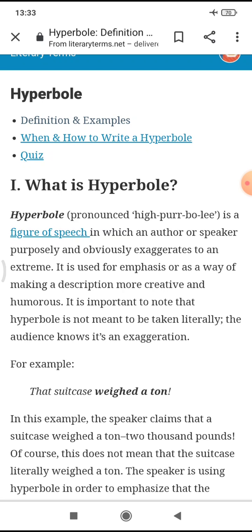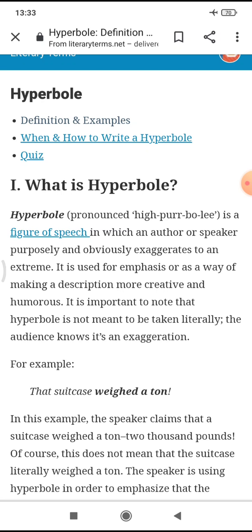It is used for emphasis. The purpose of it is to emphasize, or as a way of making a description more creative and humorous. So the purpose is very clear, to emphasize or to make the description creative and humorous, this device is used.